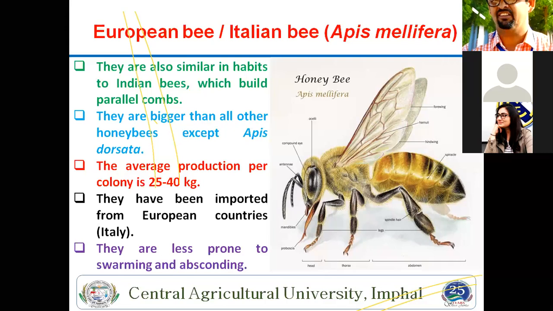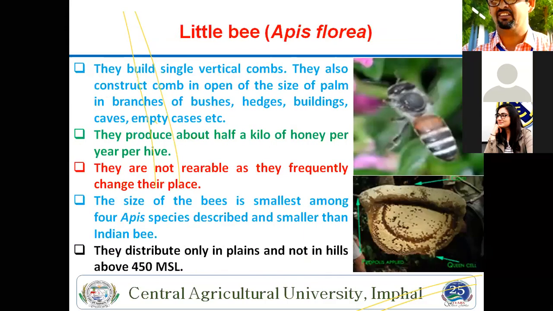Because if you are rearing the Indian bee, that honey is important, its medicinal and antioxidant value is good, but the other problem is swarming and absconding. This problem is very less in this species. Only if there is no food there, then they abscond or swarm.